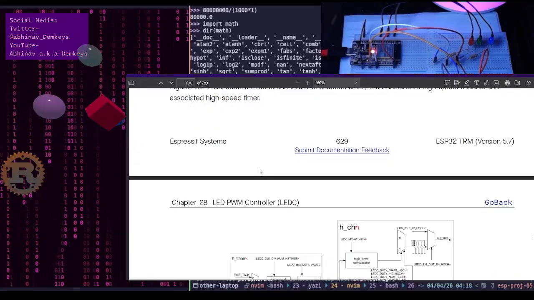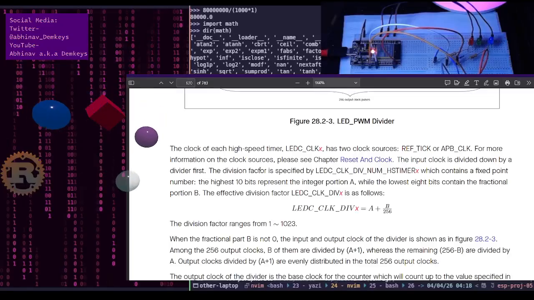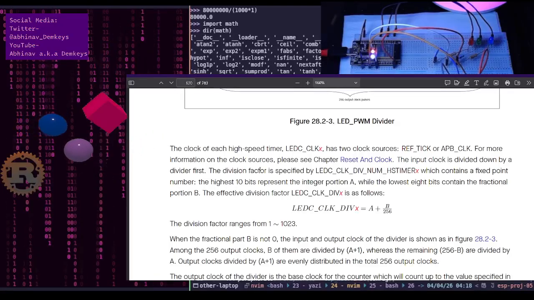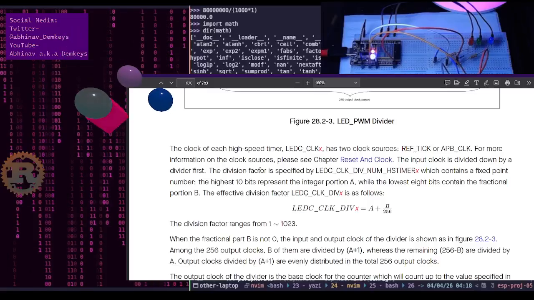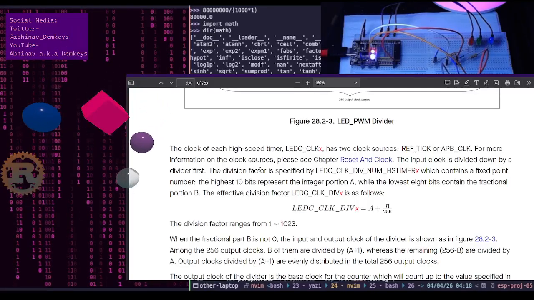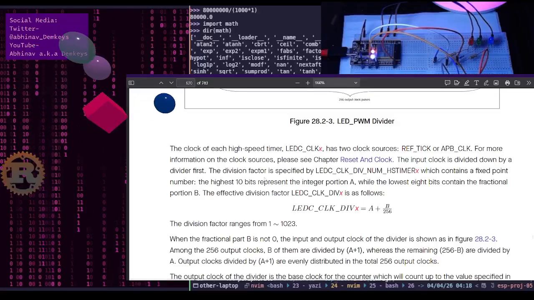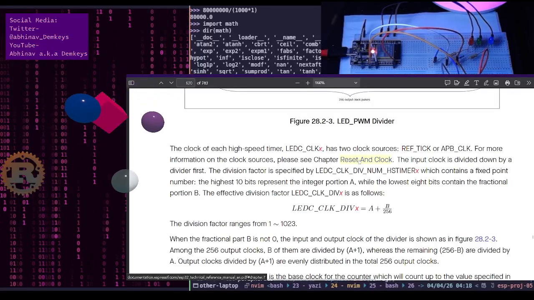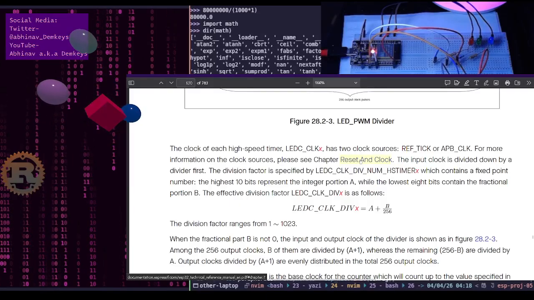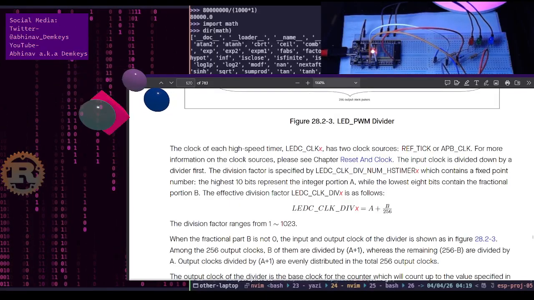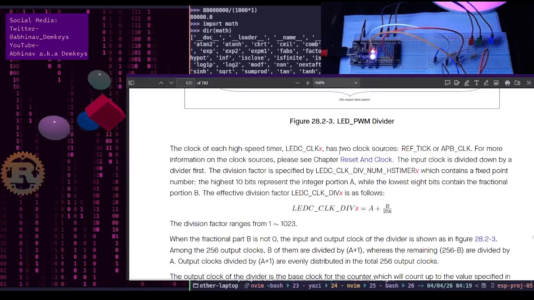It might be mentioning somewhere here. The clock of each high-speed timer has two clocks. For more information on the clock sources, read the relevant section. The input clock is divided down by a divider first. The division factor is specified in a register, which contains a fixed point number.